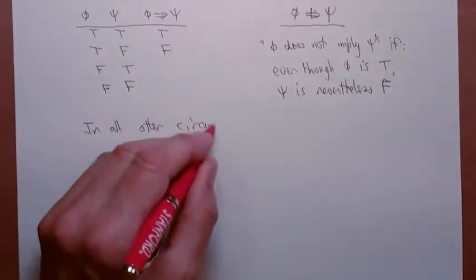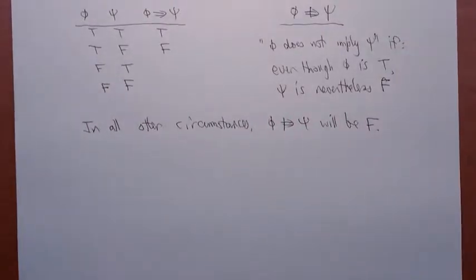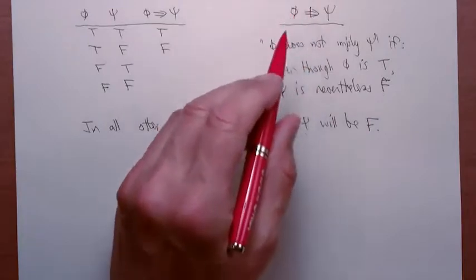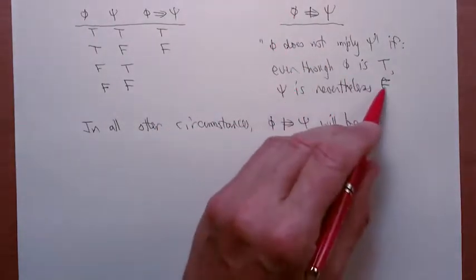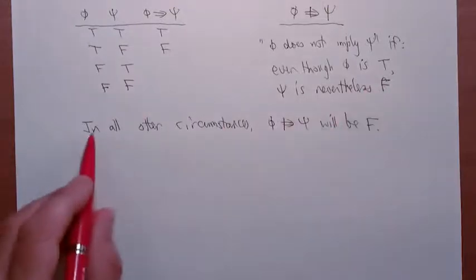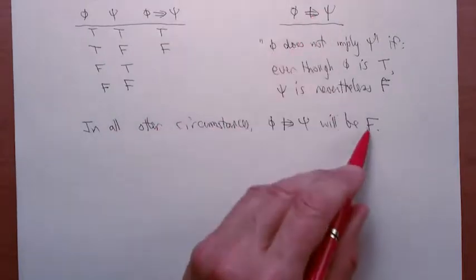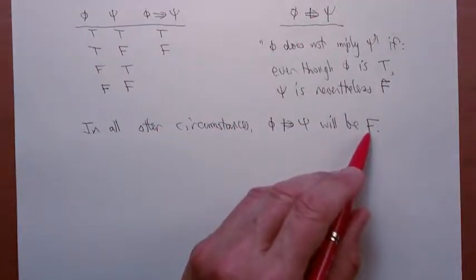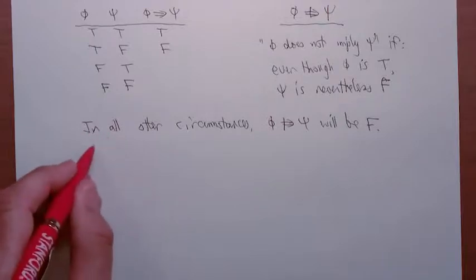So let me write that down. Okay, this is true if you have phi true and psi false. In all other circumstances, this will be false. You still with me? Because we're only one line away from the conclusion now. Let me just rewrite that as follows.